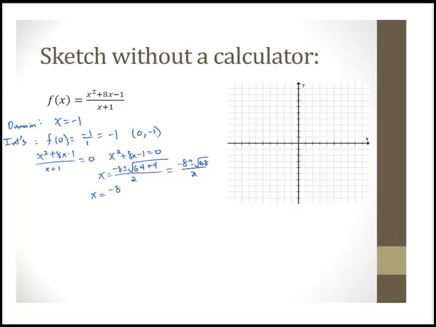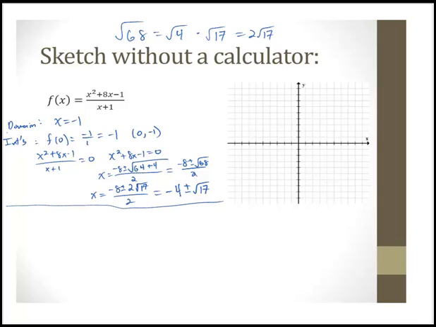The square root of 68 is the square root of 4 times 17, so that's 2 root 17. Then x is -4 plus or minus the square root of 17. So there are two x-intercepts at -4 plus or minus the square root of 17.